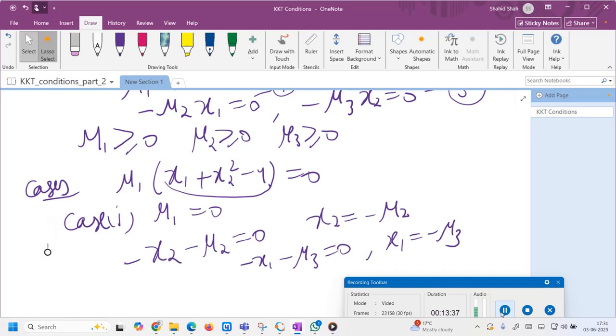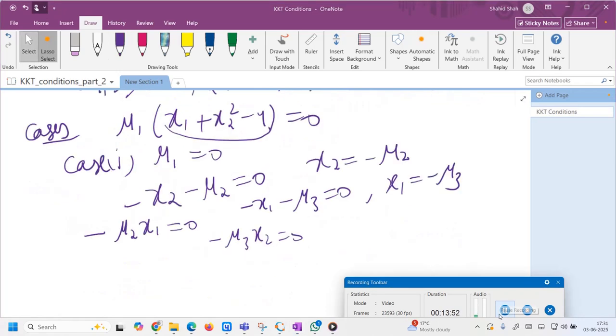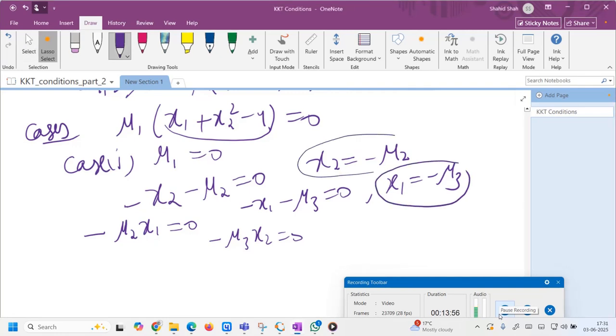Fine. Now we have a couple of more equations. So minus mu2 x1 equal to 0 and minus mu3 x2 equal to 0. You see what will this become? We'll substitute x1 is equal to minus mu3 and x2 is equal to minus mu2 in this.